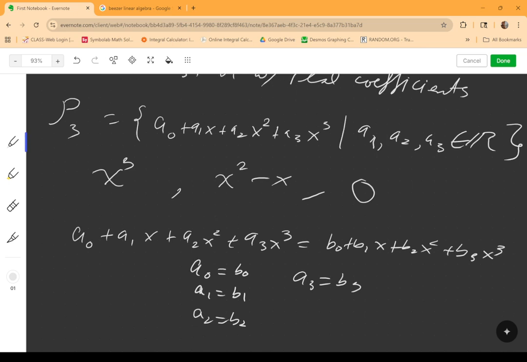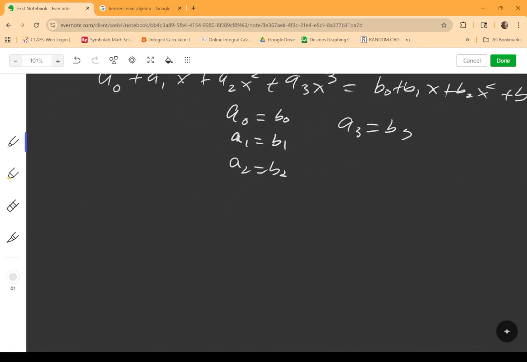And in general, let's just keep it Pn. How do I define addition?